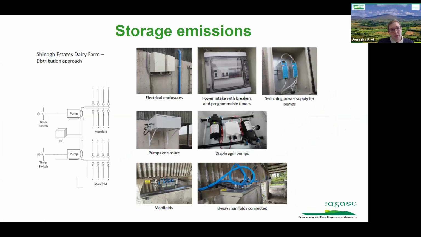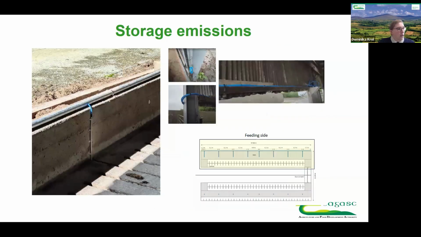So you see some of the elements of the setup that University of Galway, in a collaborative project with us, are testing on one of the farms. And it's a very easy retrofit into existing slatted tanks, where you see the piping going into the bottom of the tank to dose the amendment from the bottom, and the whole system has a very easy dosing setup.